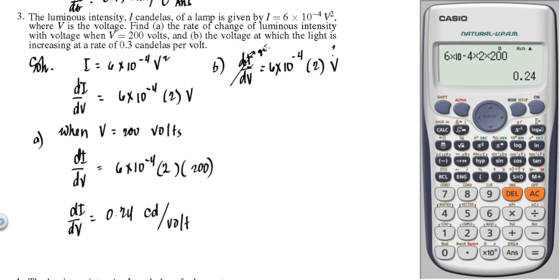So we have 0.3 equals 6 times 10 to minus 4 times 2 times V, and solve for V. And V is equal to 0.3 over 6 times 10 to minus 4, times 2.